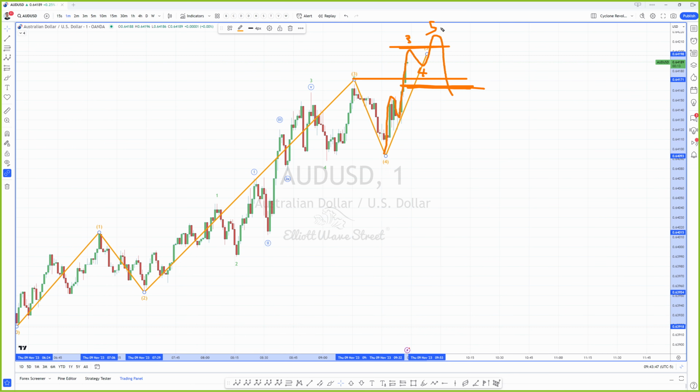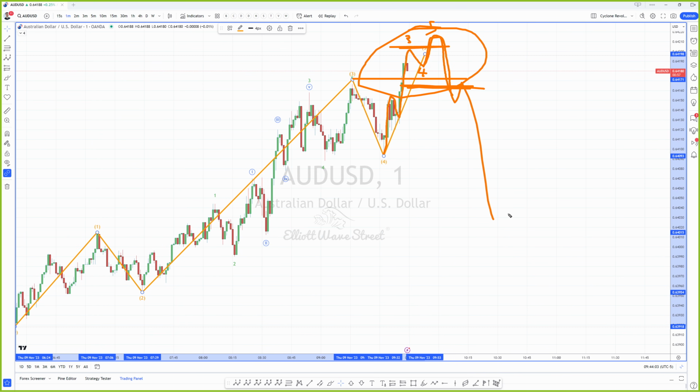And in that way, the trader can start looking for the sell trade. And when the price finishes the cycle and starts selling, we can start looking into the ABC, into the next degree of this setup, right?